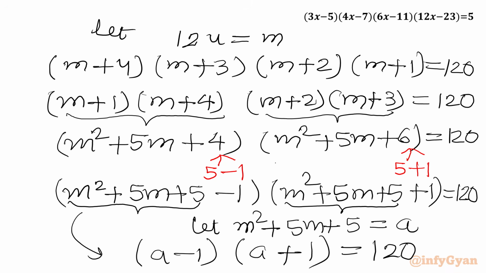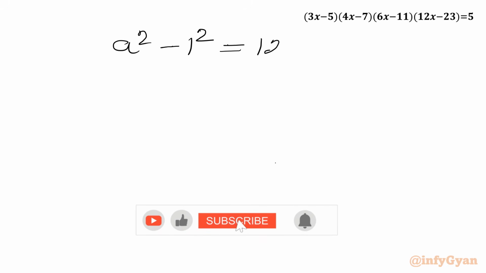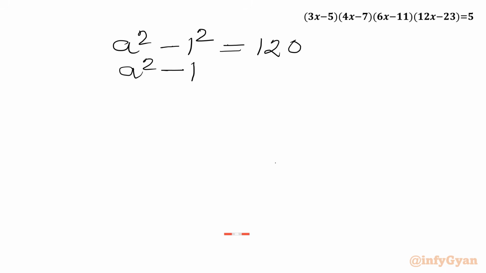Now we can use the difference of two squares identity here. (a minus b) times (a plus b) is a square minus b square. So I can write here a square minus 1 square equal to 120, or a square minus 1 equal to 120.